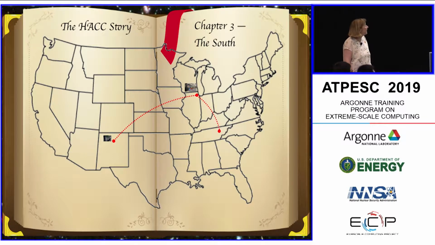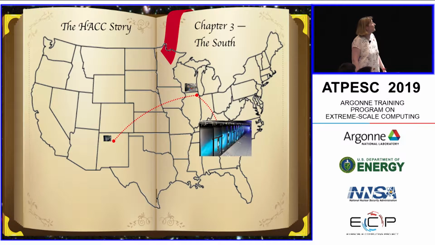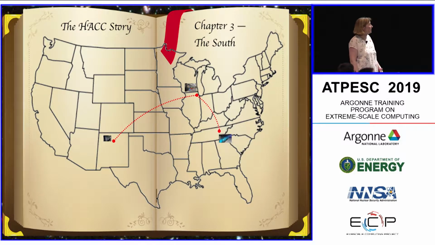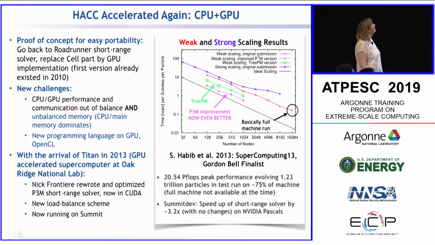And then we moved on, and Titan came along. Titan was much closer to the Roadrunner architecture. What I didn't mention was that already in 2010, we had a GPU version of the code, but no GPU machine. That version was written in OpenCL. Titan actually preferred CUDA.